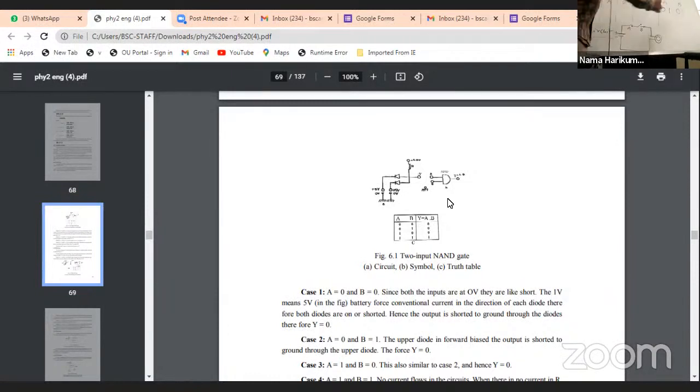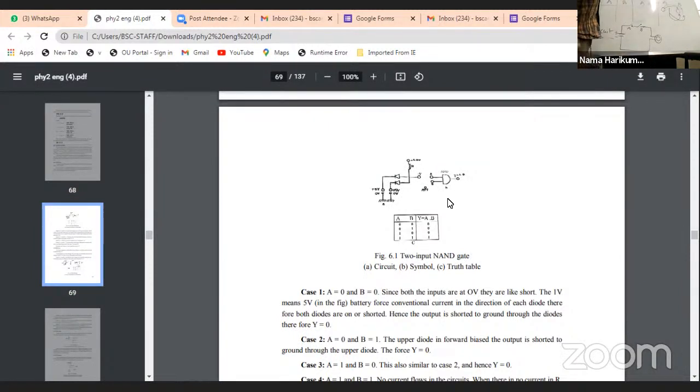Just you see that one. With 0 in the A terminal, the B terminal can be 0 or 1: 0 0 and 0 1 are the first two. Next, with 1 in the A terminal, 1 0 is the third combination, and 1 1 is the fourth combination.